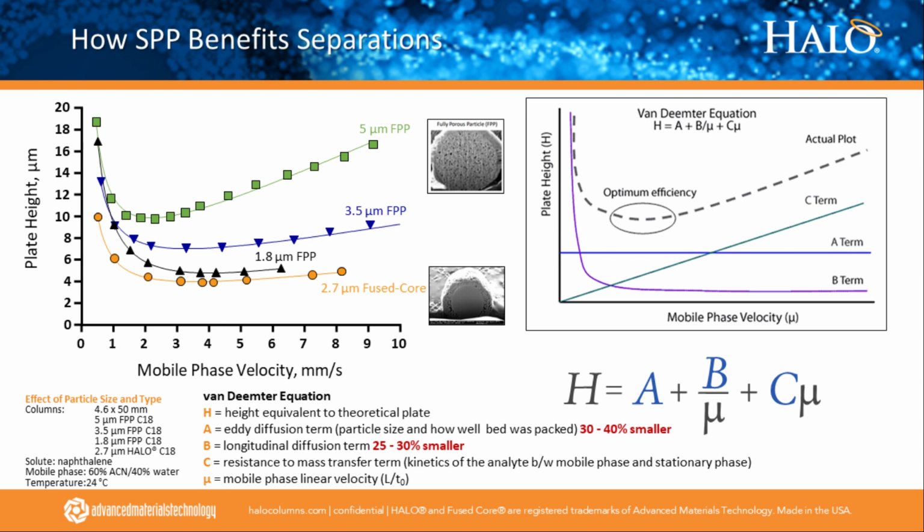In terms of the longitudinal diffusion term, this is 25 to 30% smaller, and that's how flat the curve is. And then the C term, as you go to those higher linear velocities, that really helps you run faster flow rates without compromising efficiency.